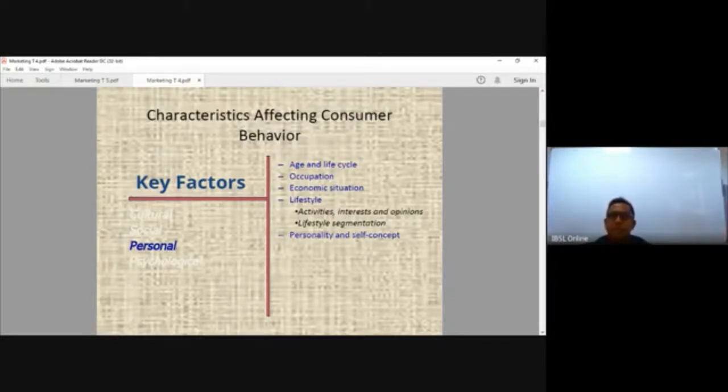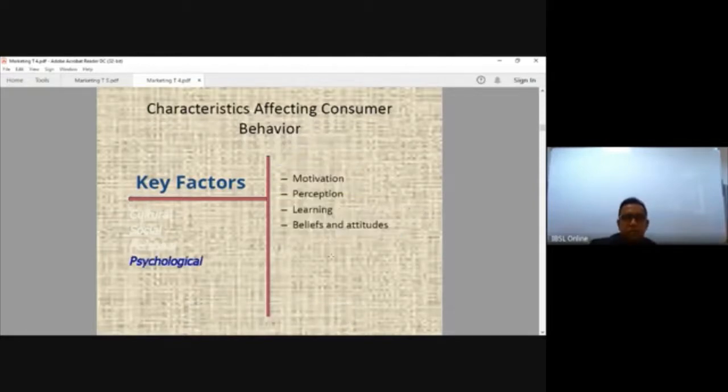Depending on your self ego and self esteem, you and your personality, your buying patterns will change. And then the psychological factors and your motivation means, in order to buy something, to what extent you are motivated.